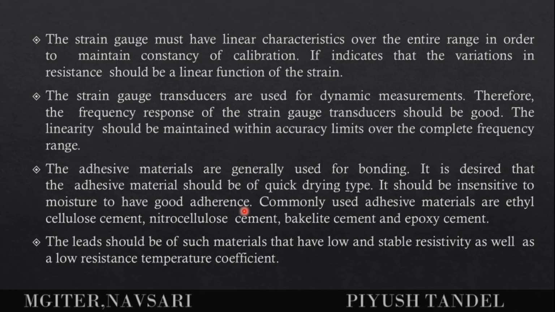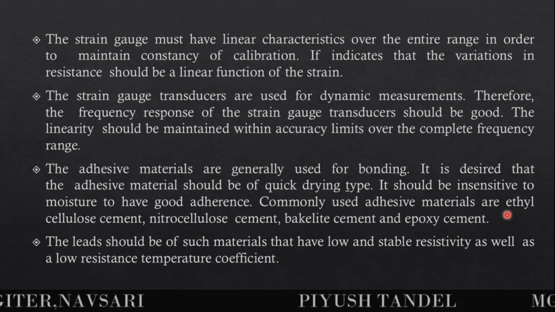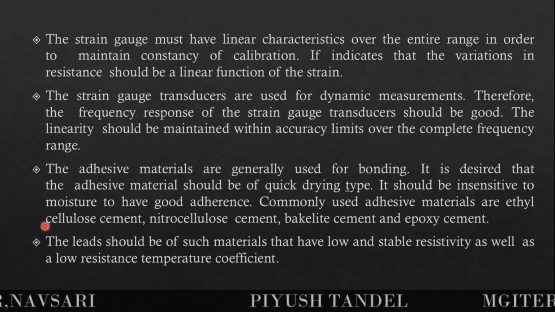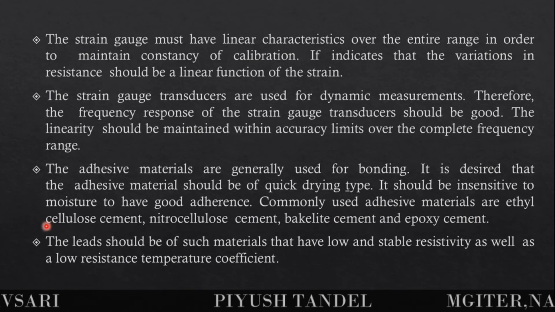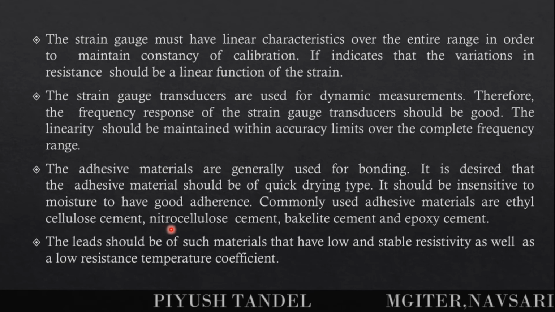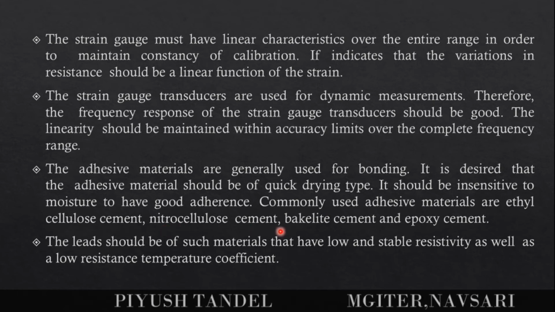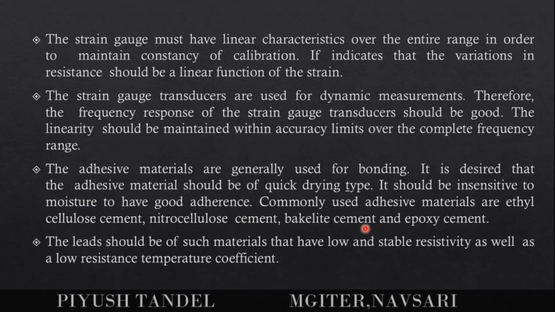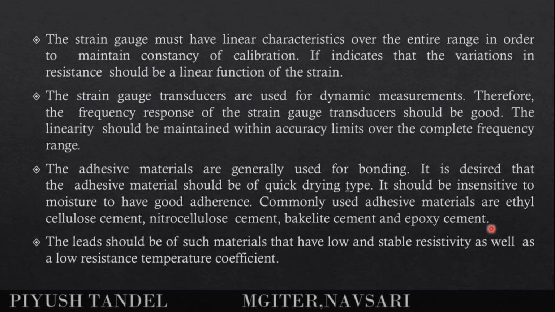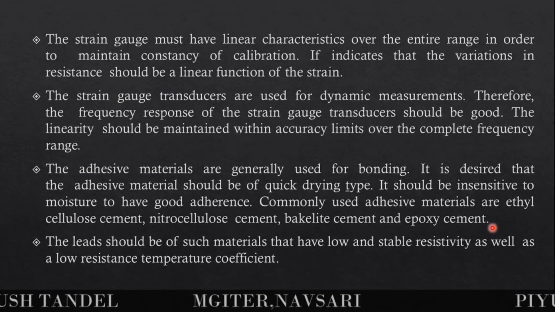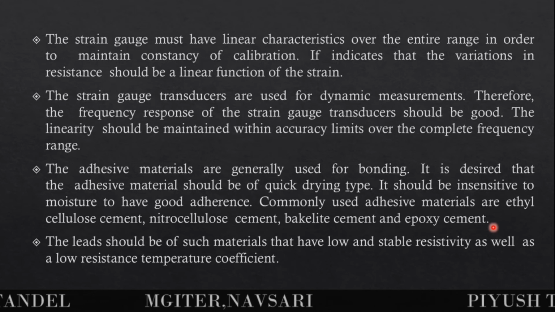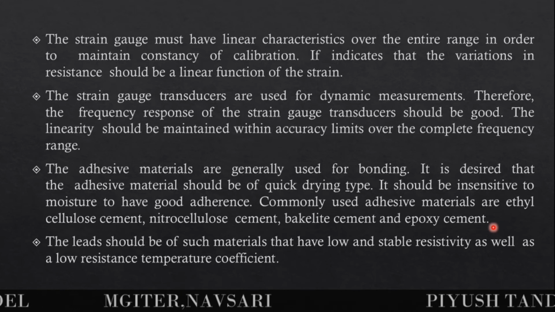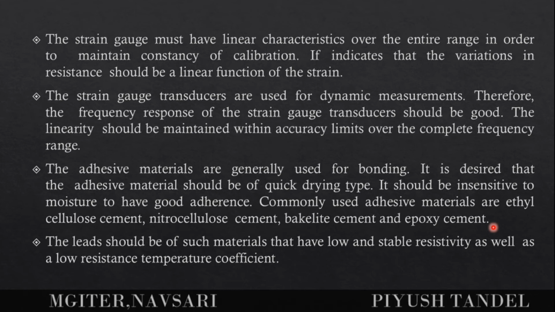Commonly used adhesive materials are ethyl cellulose cement, nitrocellulose cement, bakelite cement or epoxy cement. These are the different materials we can use as adhesive material for our design of strain gauges.